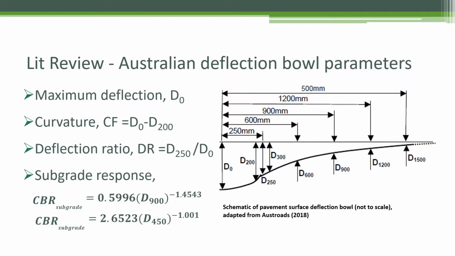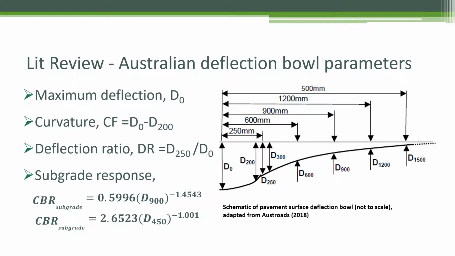Structural condition is assessed using the following deflection bowl parameters. The maximum deflection, which is the peak deflection where the load is dropped, the curvature function, the deflection ratio, and the subgrade response.